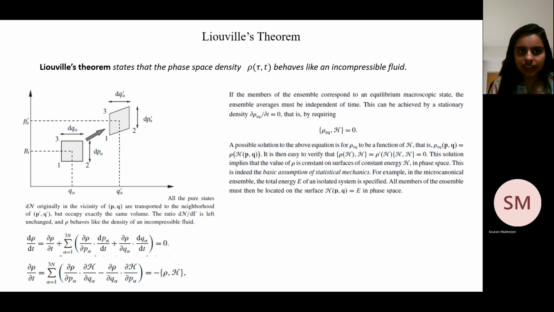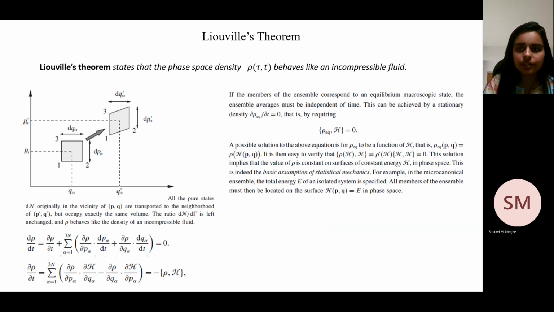In order to find that, the important thing to remember is what Liouville's theorem tells you. It tells you that the phase space density around some point in the phase space behaves as an incompressible fluid. That means the phase space density is stationary with time. It's not changing with time, because if you have an equilibrium macroscopic state, your macroscopic state variables are not changing with time.